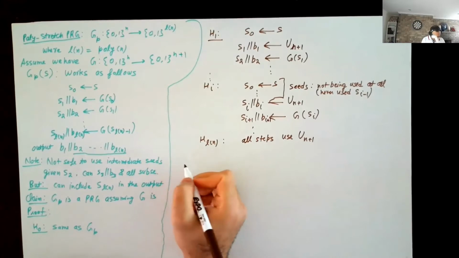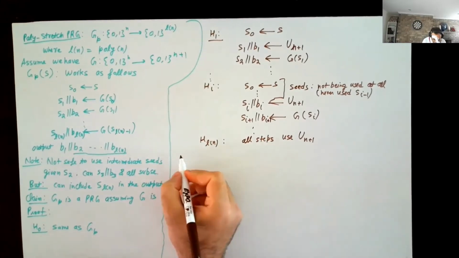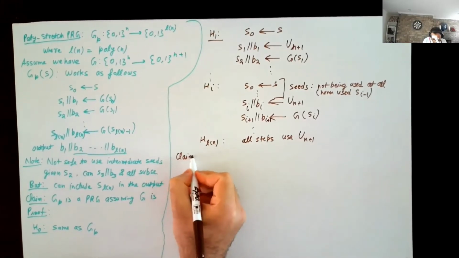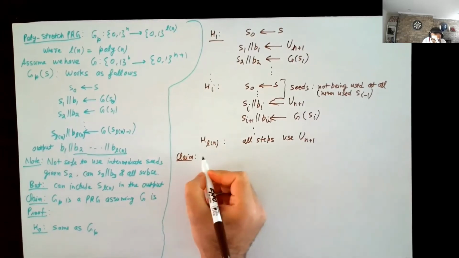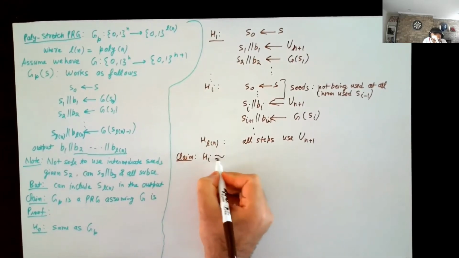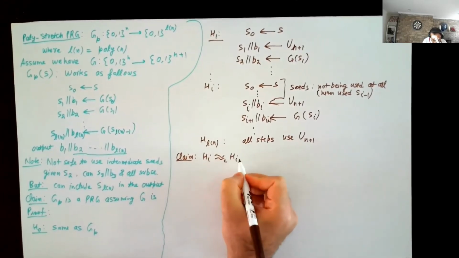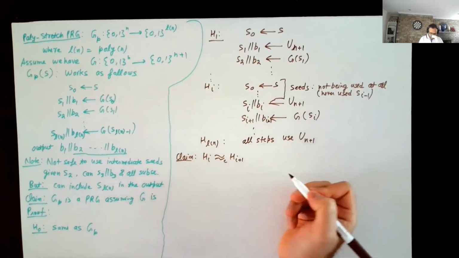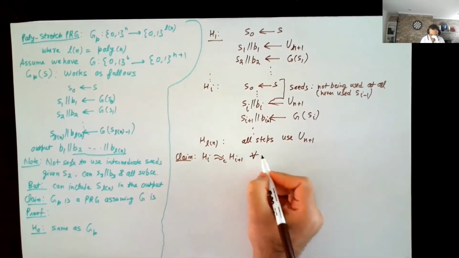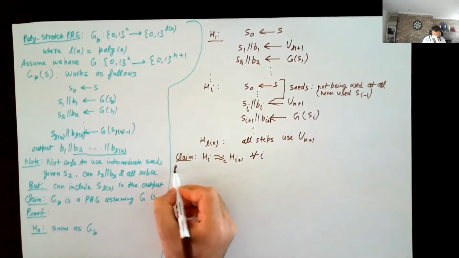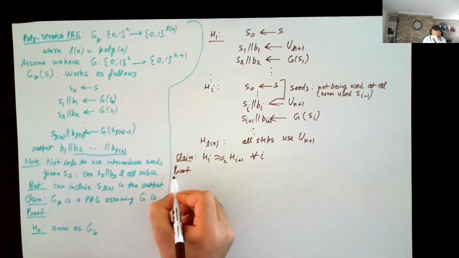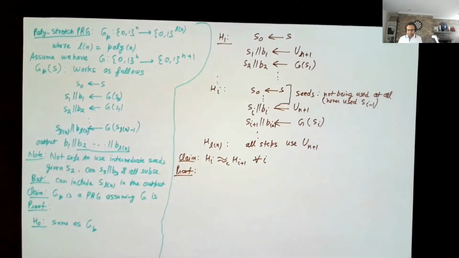And now we'll have our claim that HI is computationally indistinguishable from HI plus 1 for all I. Right?